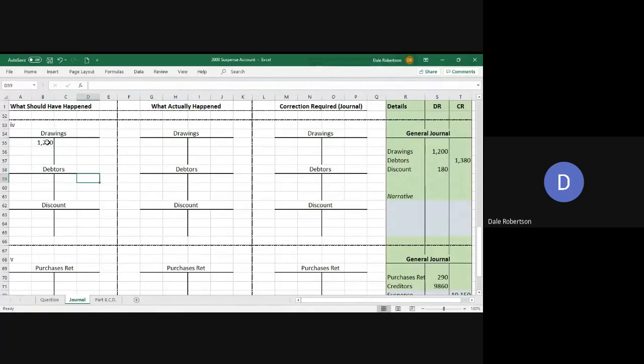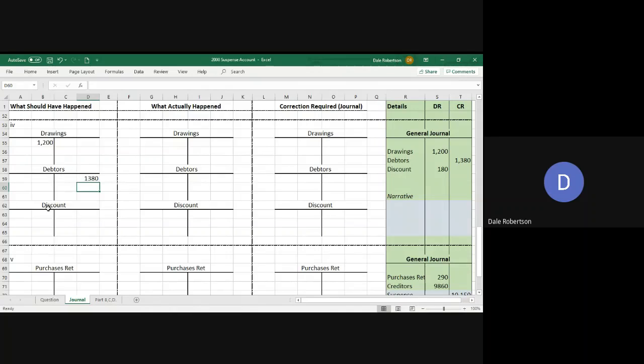That's how much he's taken out. Now, out of debtors, we can remove 1380 because that is a business debt owed to the firm. So that's a debtor, and that has now gone away. So therefore, we're reducing our debtors by that much.